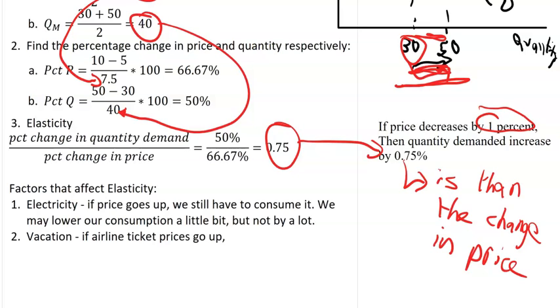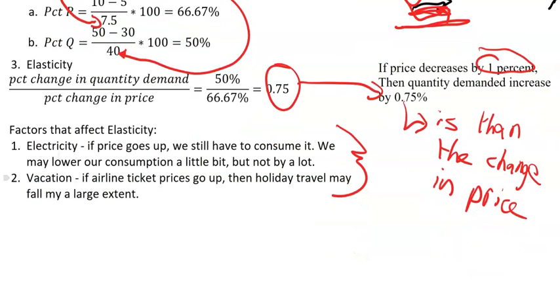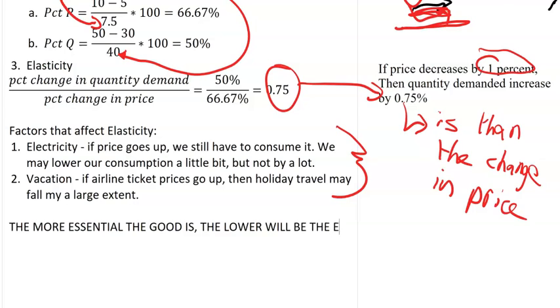So if airline prices go up, holiday travel may fall by a large extent. From this example we can see that the more essential the good is, the lower the elasticity will be.